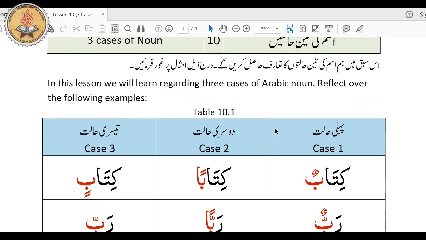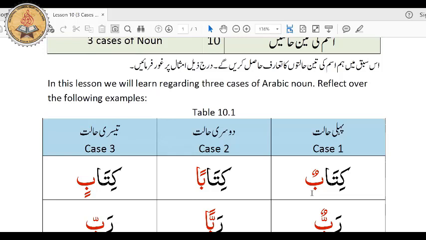If you go to table 10.1, this is on my right, case 1, and the same word is in focus. Kitabun is the very first word in this line, and we know that in Surah Al-Baqarah we read dhalikal kitabu la rayba fi. Kitabun, with tanween, means a book; because of tanween, we translate it as a book.